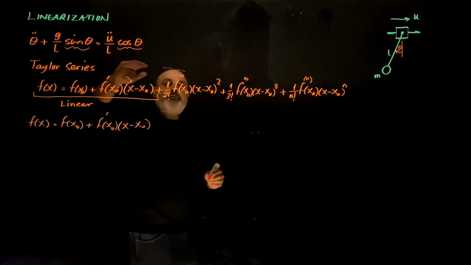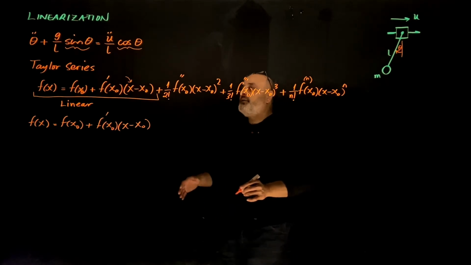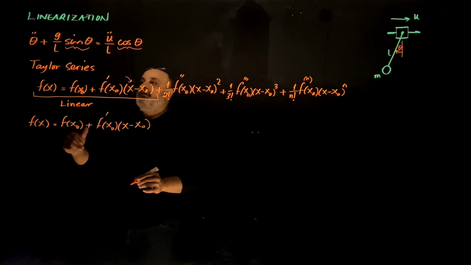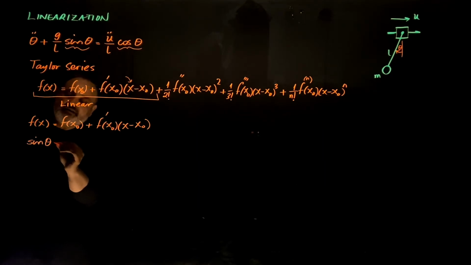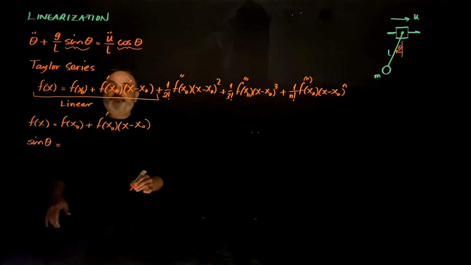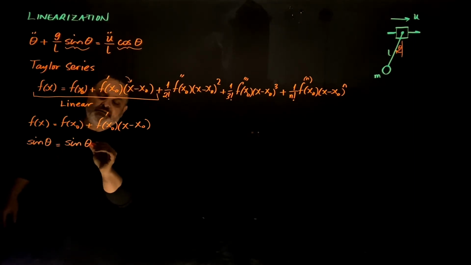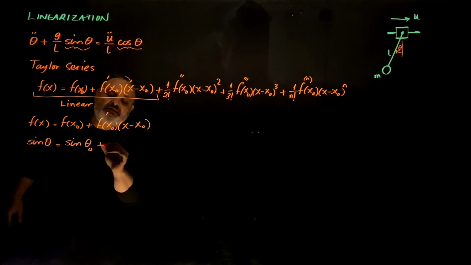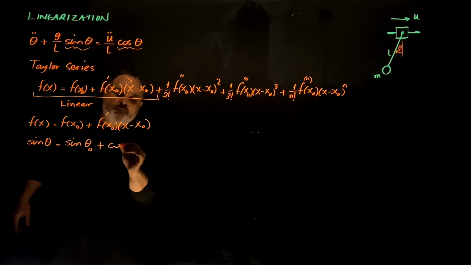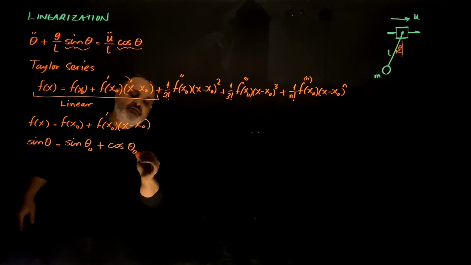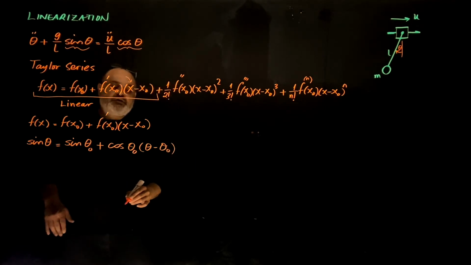Now, going back to my sine and cosine, I'm going to approximate the function sine of theta equals sine of theta 0 plus the derivative of the sine, which is cosine theta 0, times theta minus theta 0.